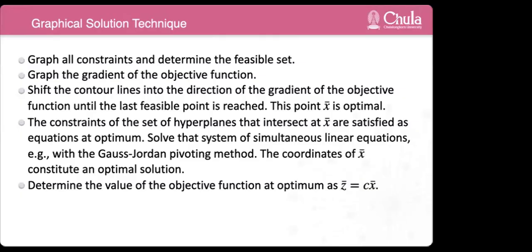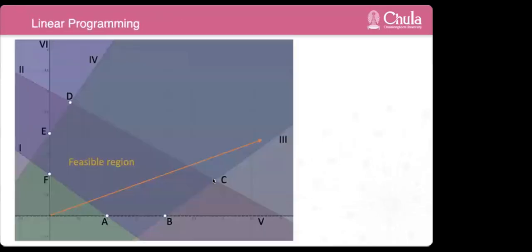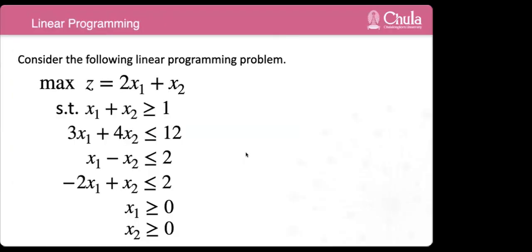The third one, shift the contour line in the direction of the gradient of the objective function until the last feasible point is reached. Then, for example, for this point, you find the intersection of the constraints involved in that corner.